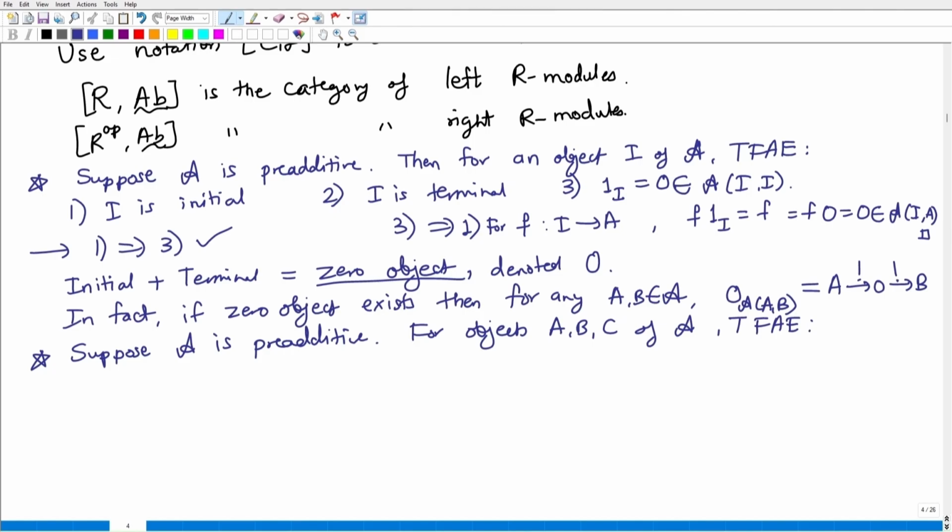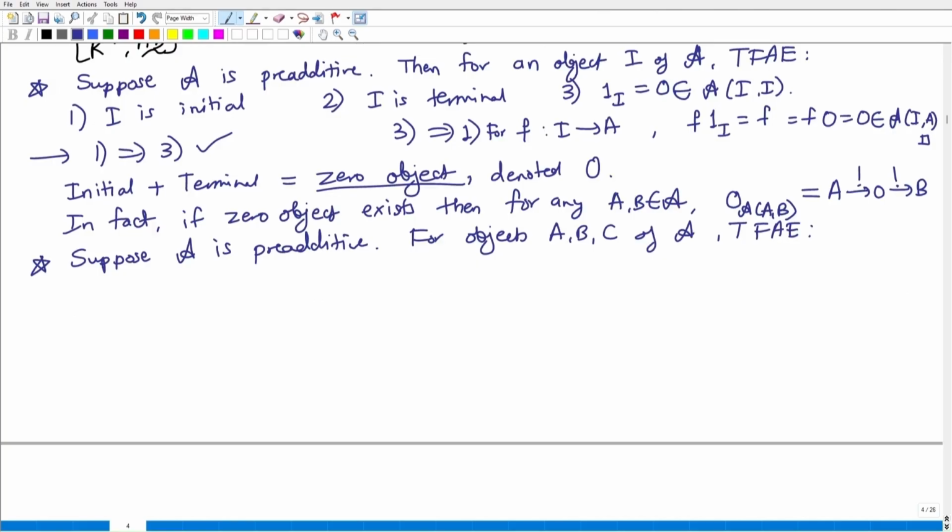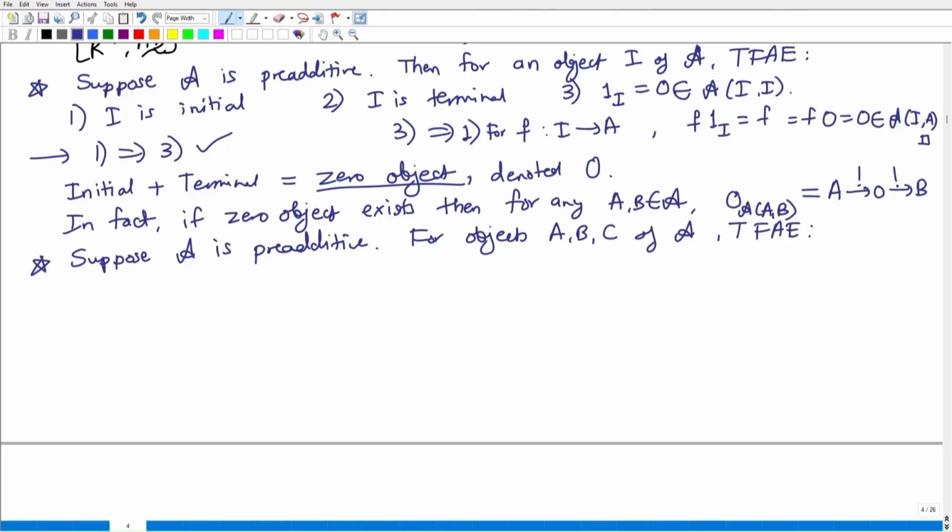Can you see the theme from this first result that we proved? The theme is that initial and terminal are the same. Now I'm going to show that finite products and finite coproducts are the same. So everything is self-dual. The duality principle is the key. For abelian categories or pre-additive categories, the duality principle is very much useful.